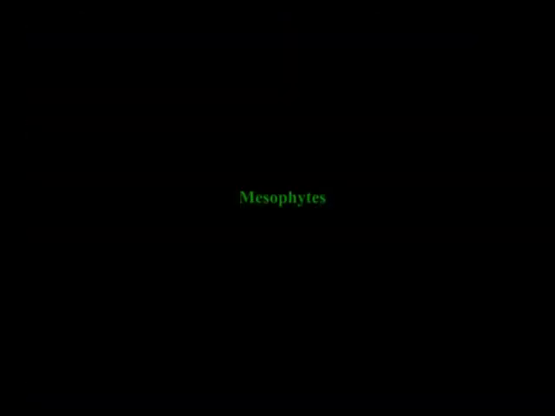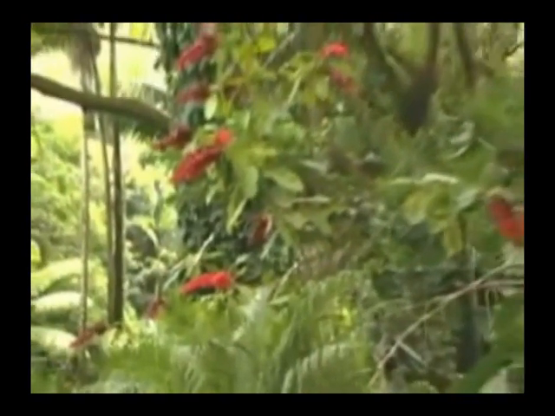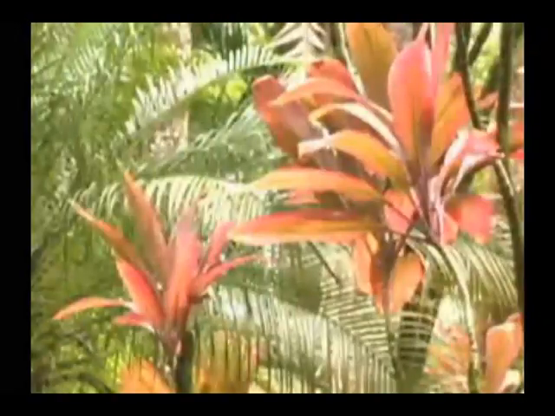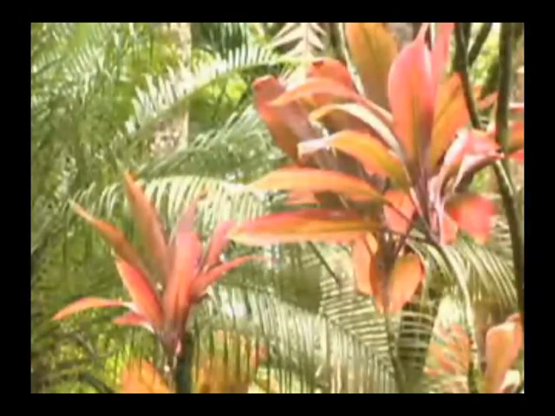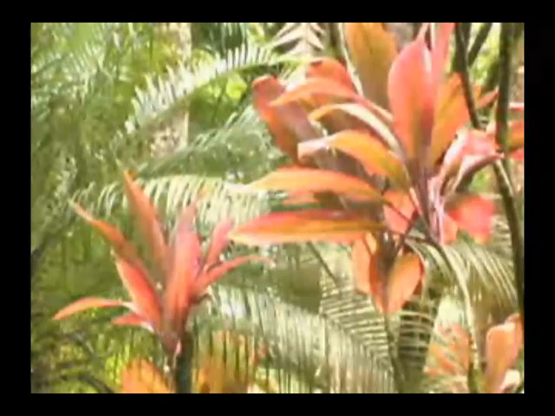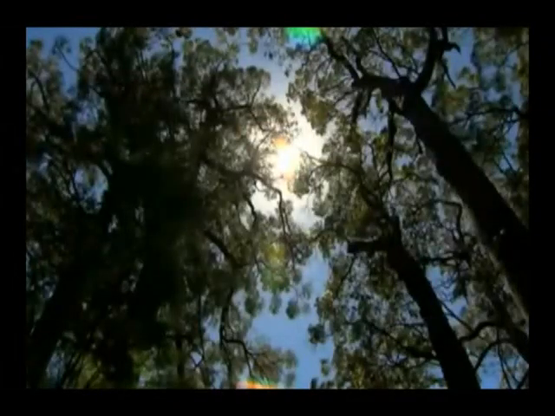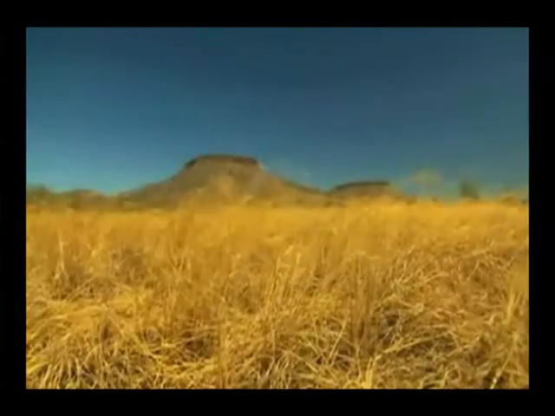Mesophytes are plants living under normal conditions of water supply or in well-watered soils. They are predominantly found in such ecosystems as savanna, rainforest, and reserve forest. The habitats of mesophytes have the following characteristics.